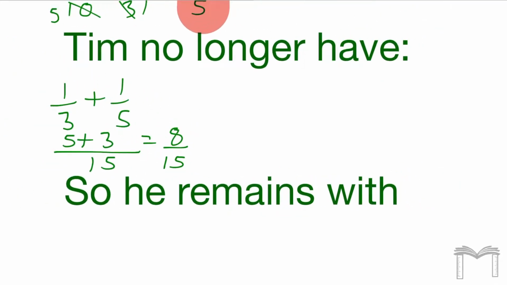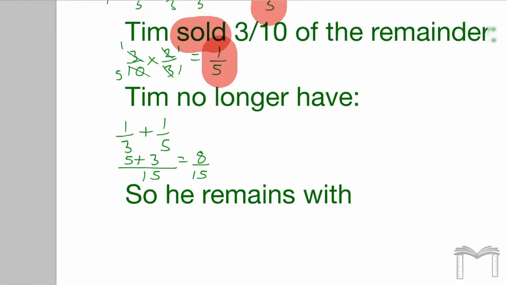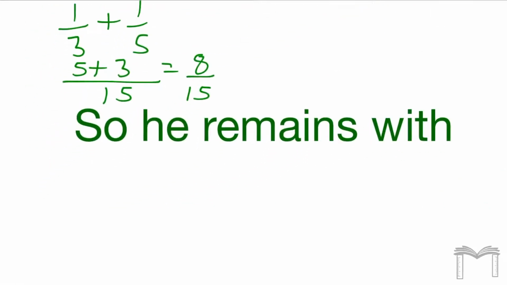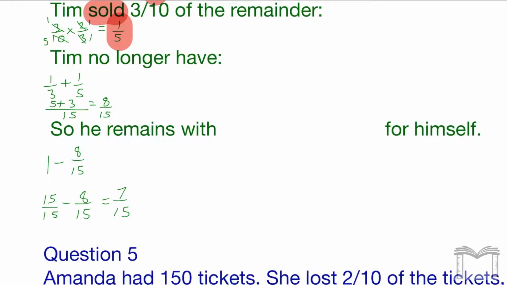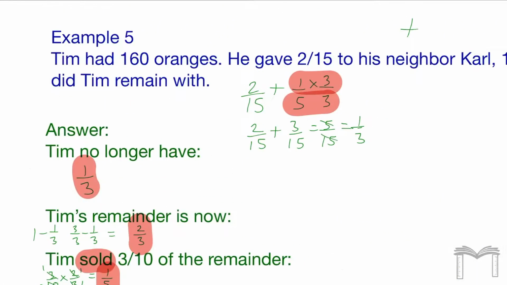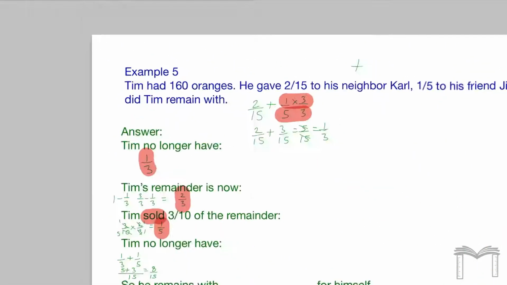So Tim no longer has 8/15, so he remains with a fraction of 1 whole take away 8/15. This can be written as 15/15 subtract 8/15. That will give us 7/15. So he remains with a fraction of 7/15, and we know that from the question Tim had 150 oranges.